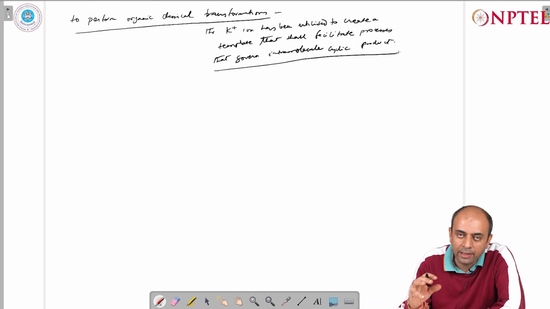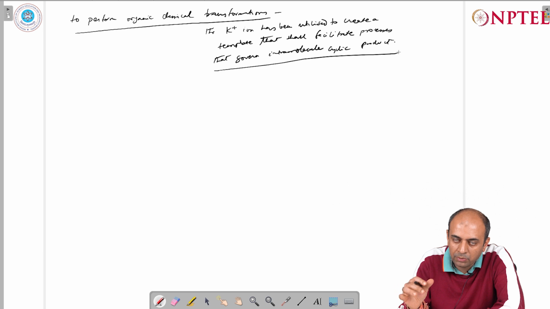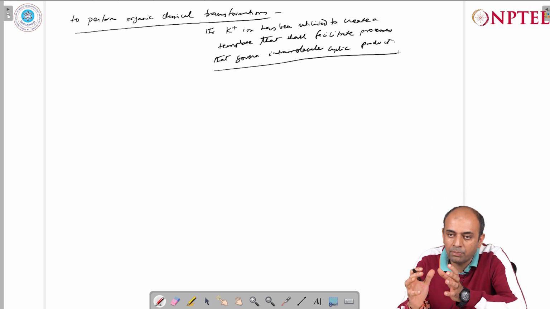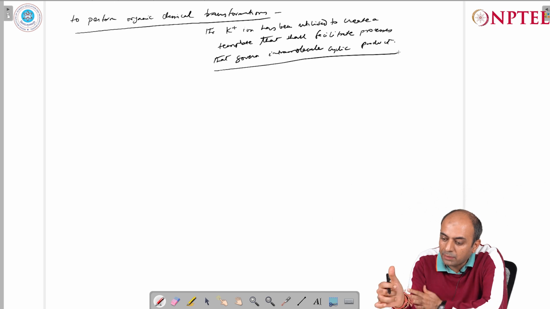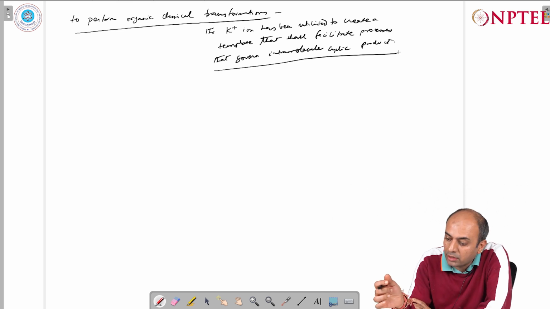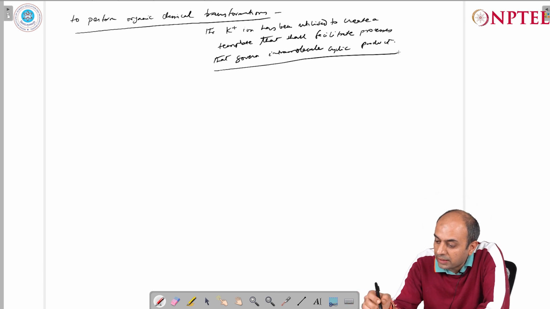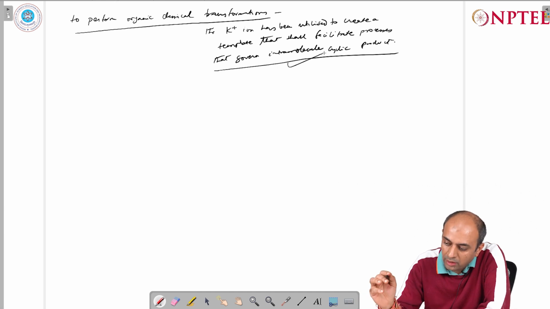So, if we want to carry out a chemical reaction where there is a competition between an intermolecular process and an intramolecular process, then the potassium ion has been utilized to create a template that facilitates processes that govern the formation of the intramolecular cyclic product in preference to the intermolecular products.